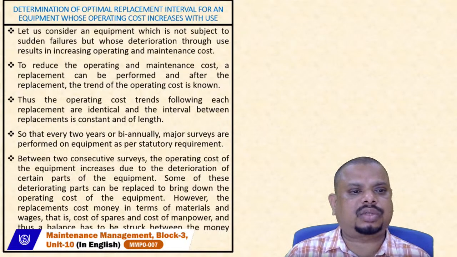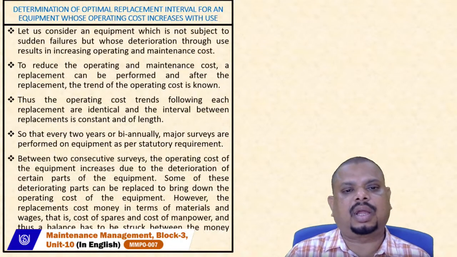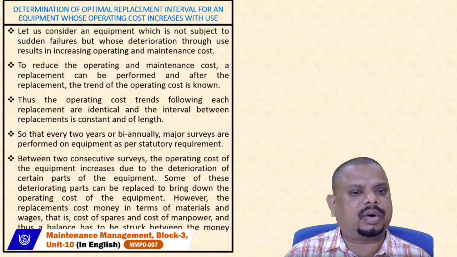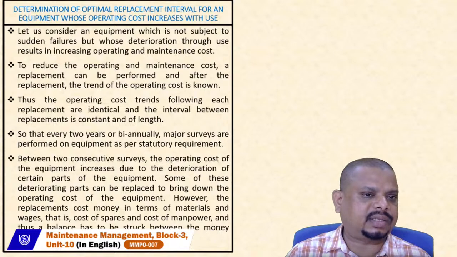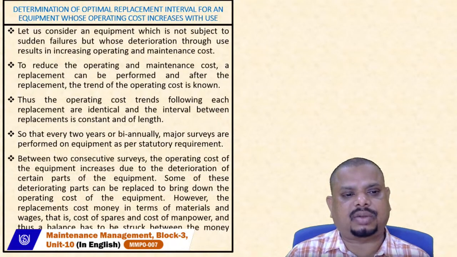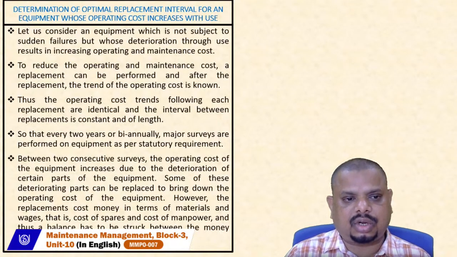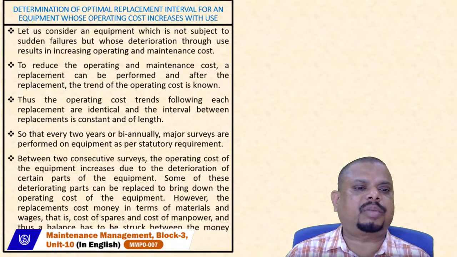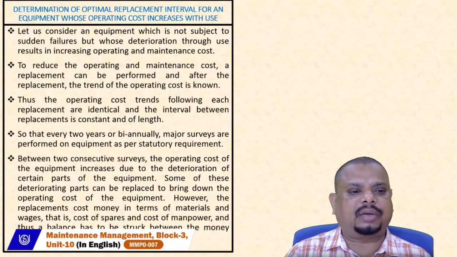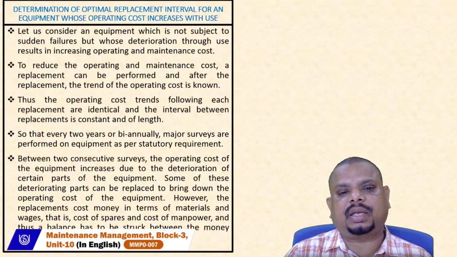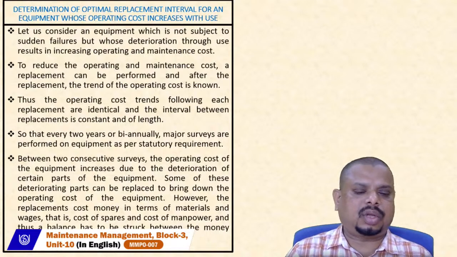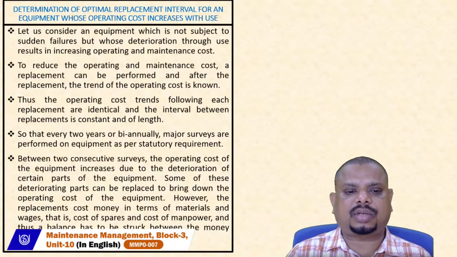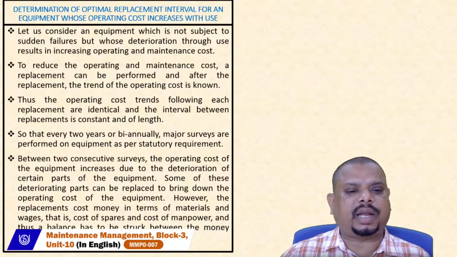During the initial use there is no chance of failure, but whenever the operating hours increase to thousands of hours, in that case the maintenance cost increases. So to reduce the operating and maintenance cost, the replacement can be performed, and here the trend of operating cost is known. Thus the operating cost trend following each replacement is identical.